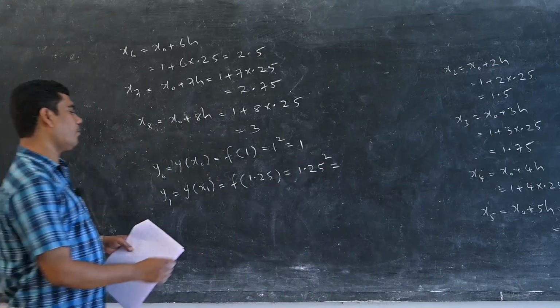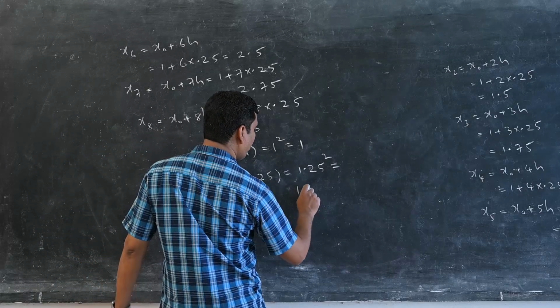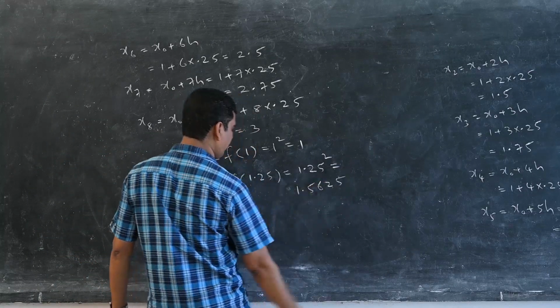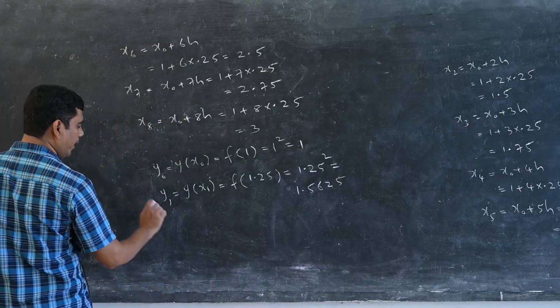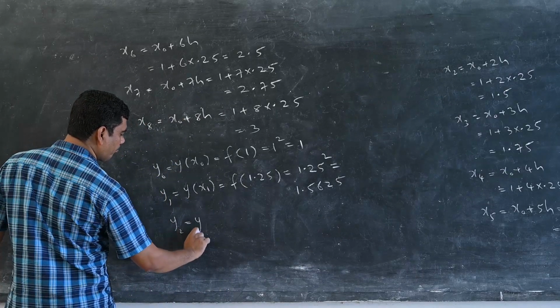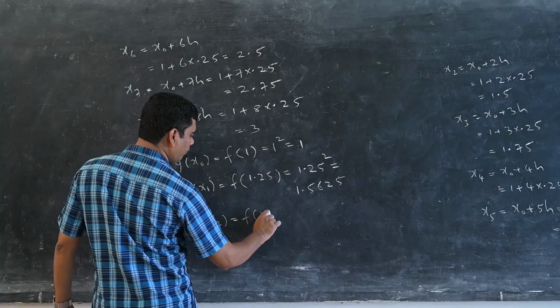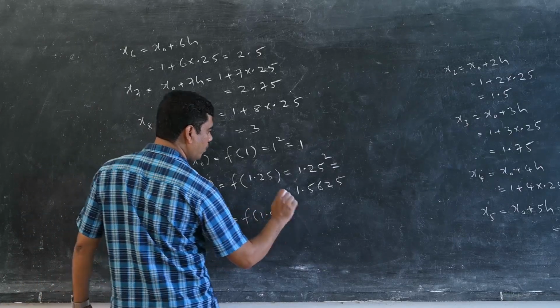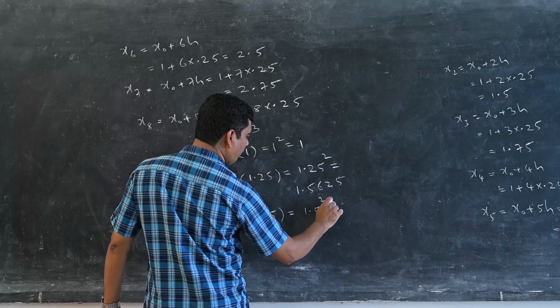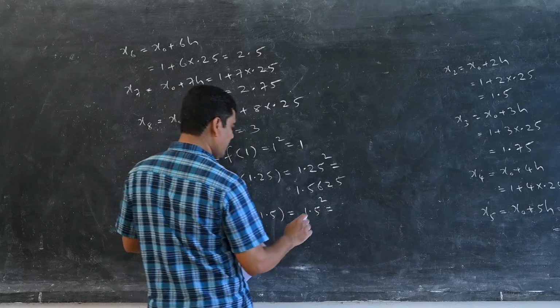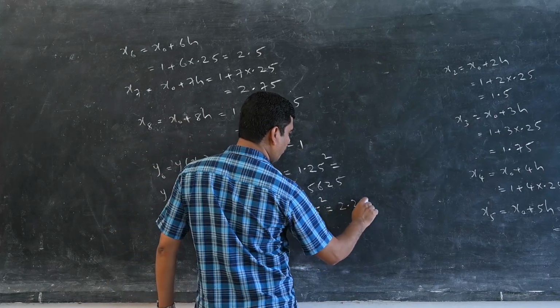This is equal to 1.5625. y2 is equal to y of x2 is equal to f of 1.5 is equal to 1.5 square. It is 2.25.